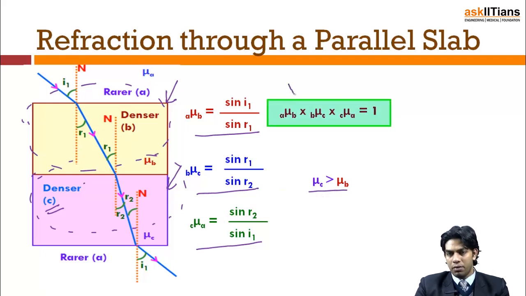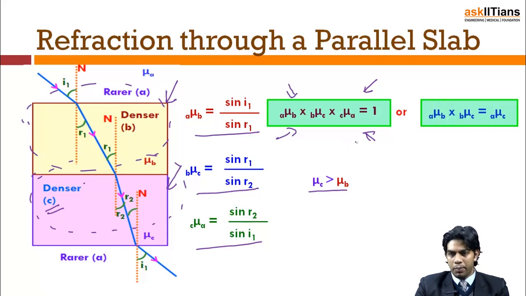It's pretty trivial that this will be 1, or we can simply play along, that is, if I take C mu A to the other side, it's 1 by C mu A, which comes out to be A mu C, as it's a reciprocal. So obviously we can work around, I can take different terms to the other side, and again I will end up getting a symmetric expression.